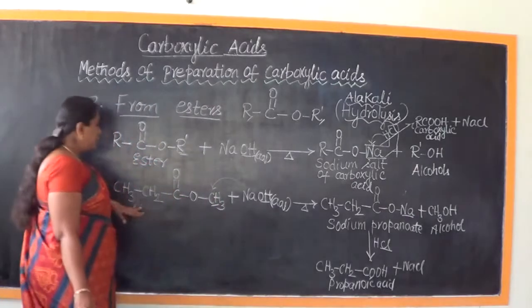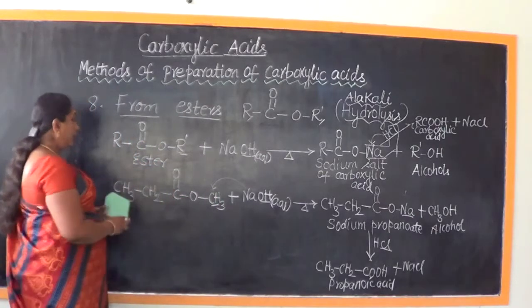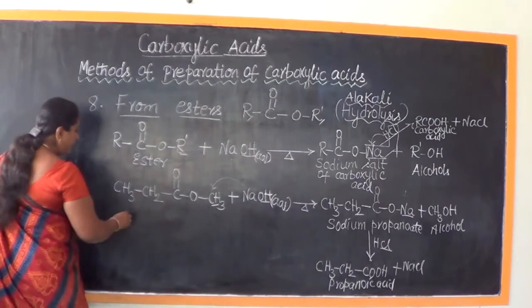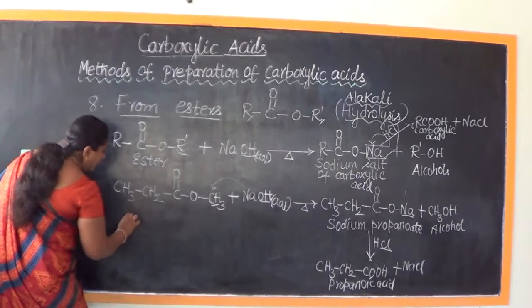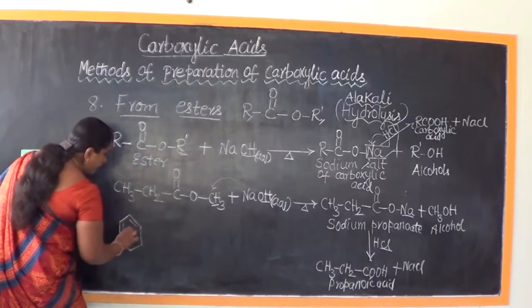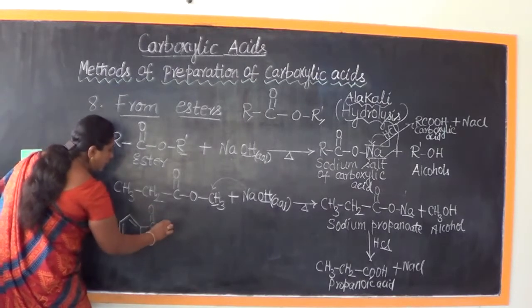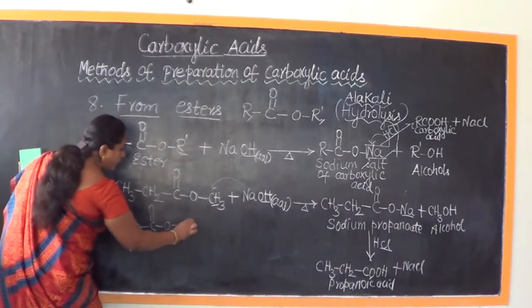Now instead of this ethyl group, let me say I am using an aromatic compound. This is the benzene ring, and to this it is linked with COOC2H5.